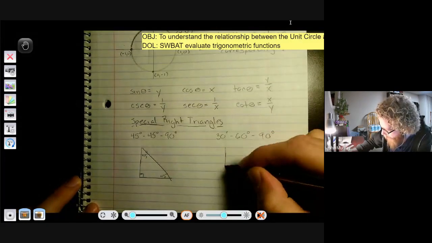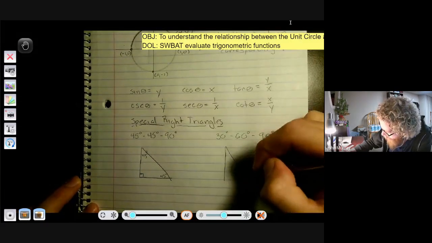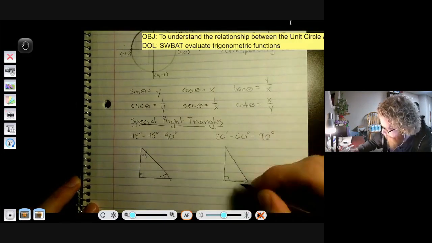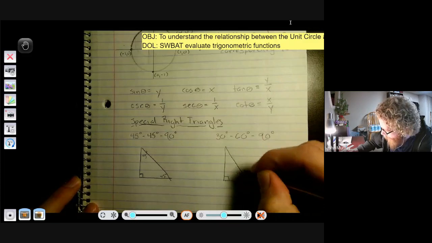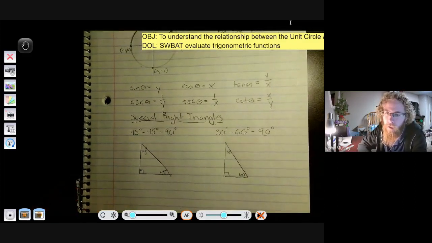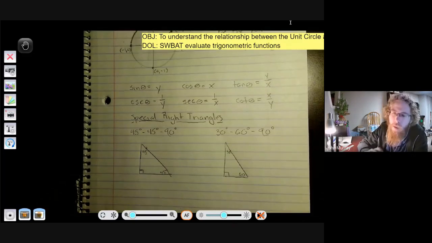And then you have the 30, 60, 90, which is another right triangle with the 90 degrees there, and we have the 30 degrees and the 60. Now, these 2 triangles are special right triangles because the relationship of their sides is always the same.